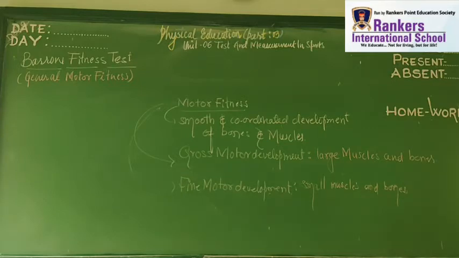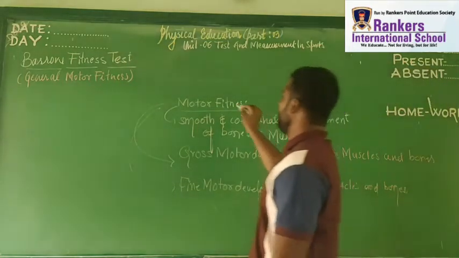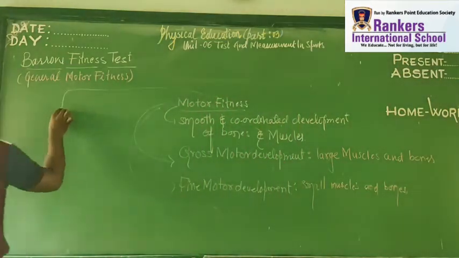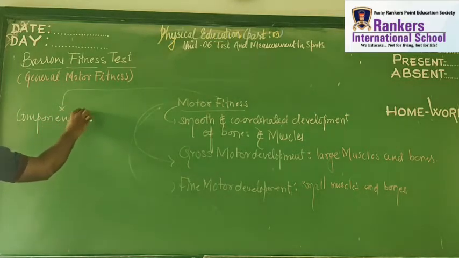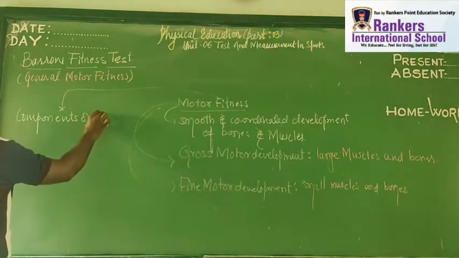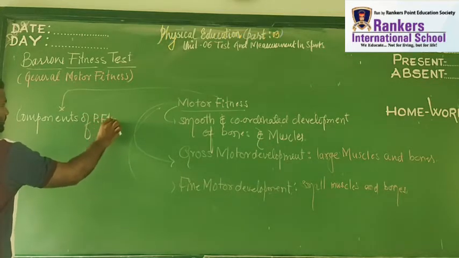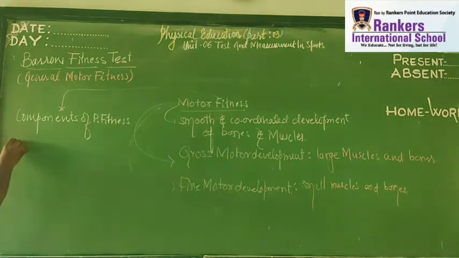Now the motor skill, if we say running, jumping, etc. So if we talk about motor skills, there are 3 to 5 things that we all know. The components of physical fitness. What are the components of physical fitness?